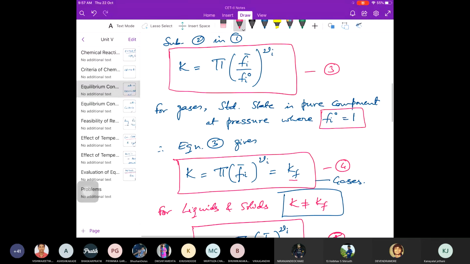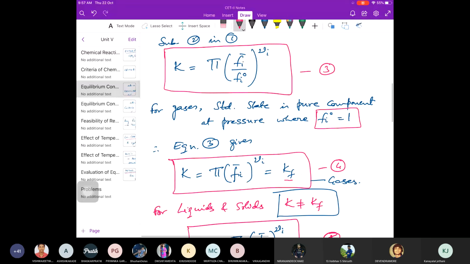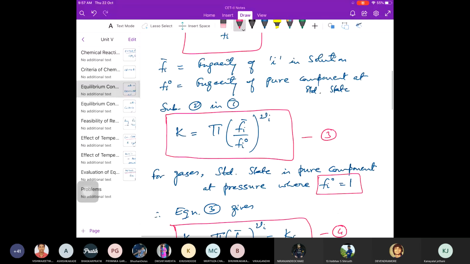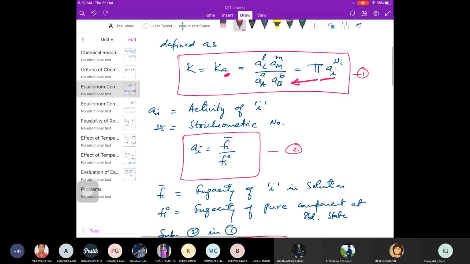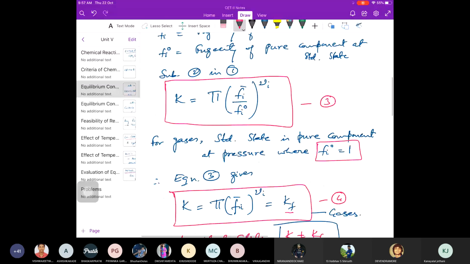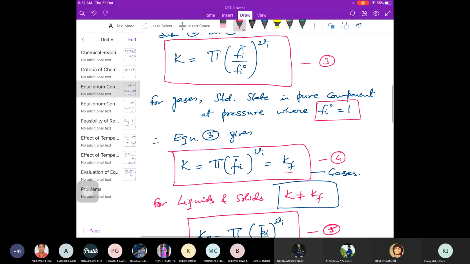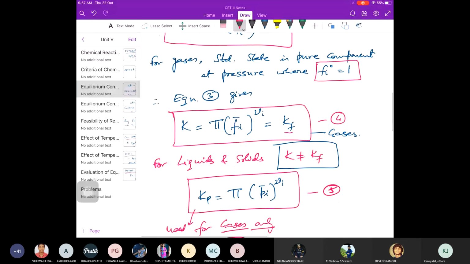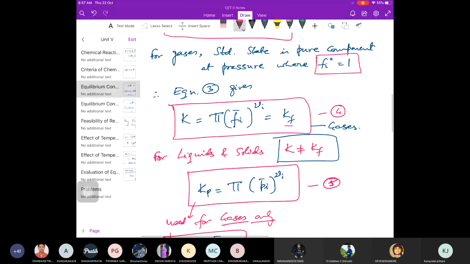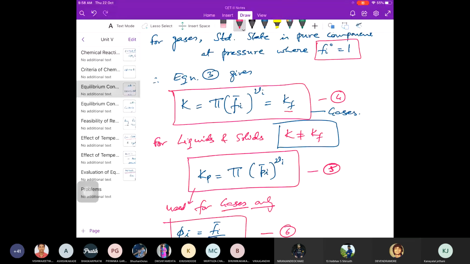Like we had Ka, the definition of K based on activity, K defined based on fugacity is Kf. But for liquids, K is not equal to Kf because f_i0 is not equal to 1 for liquids.